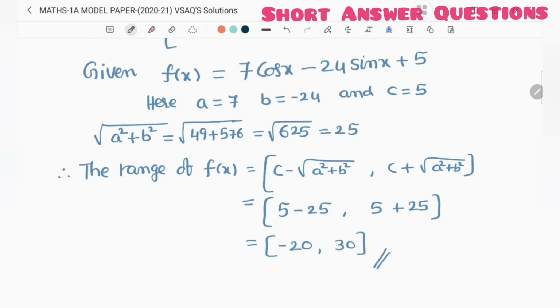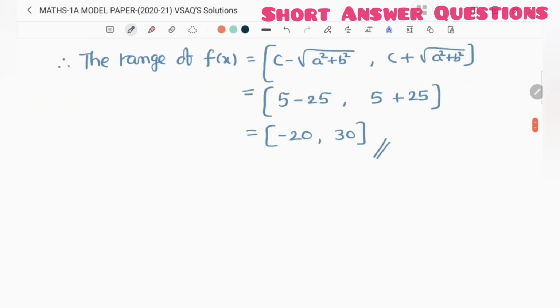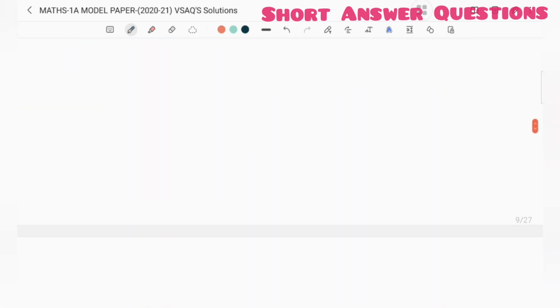This is the range of the given function. We will move to the next question.